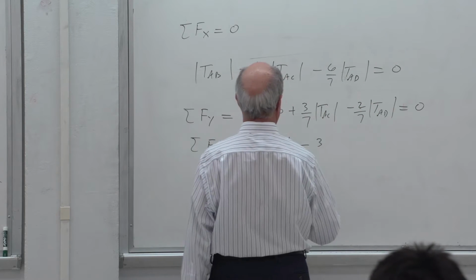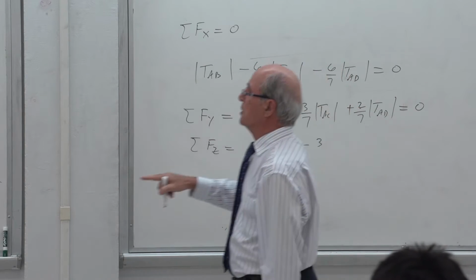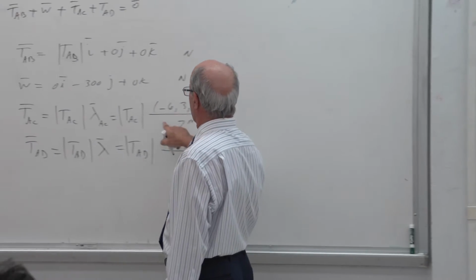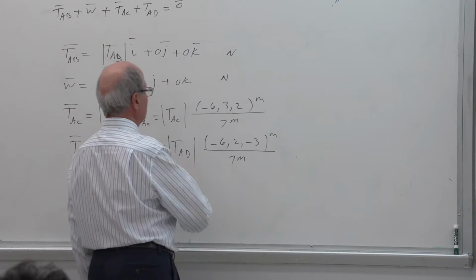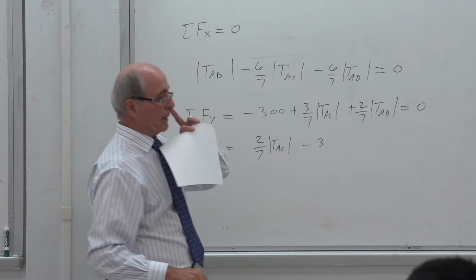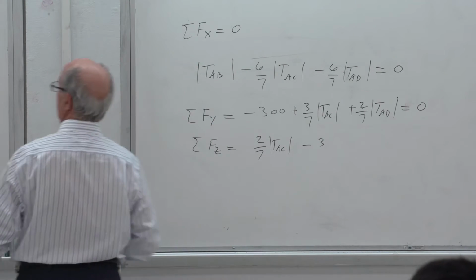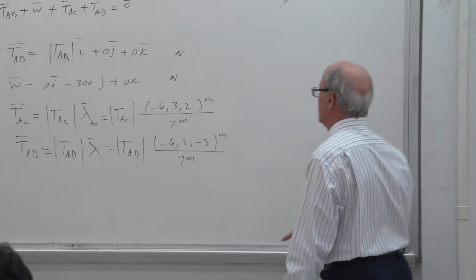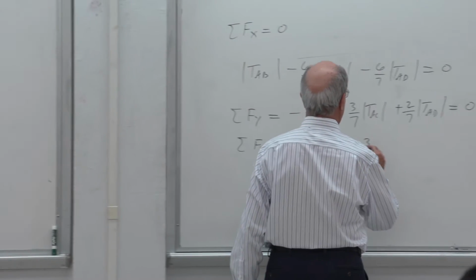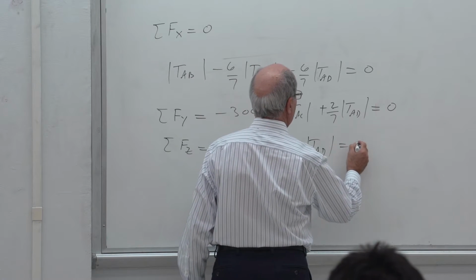That's correct. 3 minus 3 over, and that should be plus. Let me see. Plus 3/7 of TAC plus 2/7 of TAD, that's the component. So if I make a mistake, please point it out. Okay? Correct? Okay. Then from the last one, we get 2/7 of TAC minus 3/7 of TAE equal to 0.